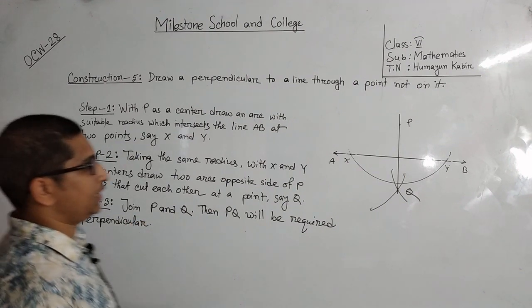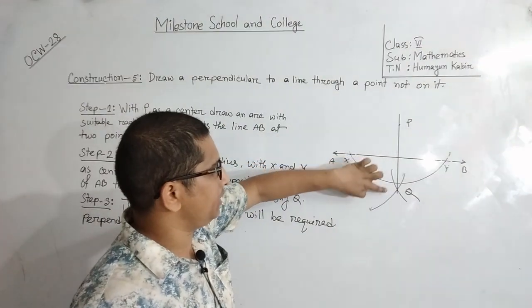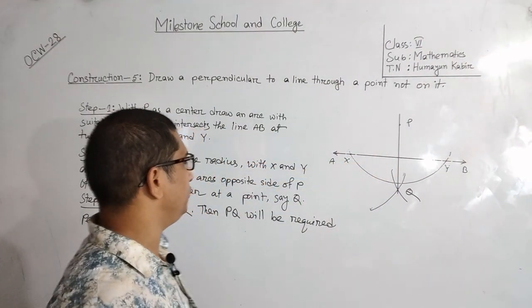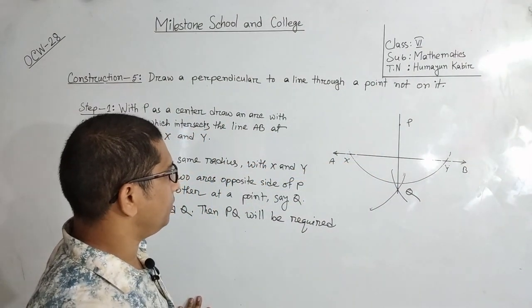So last here, if we join P and Q, then this PQ line will be our required perpendicular.